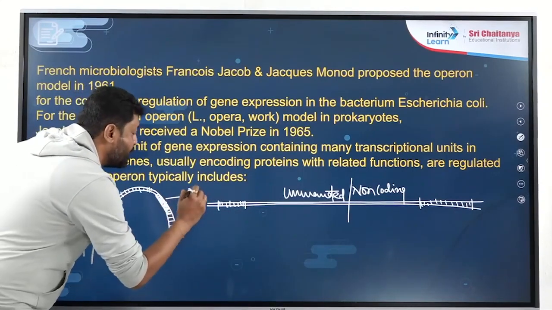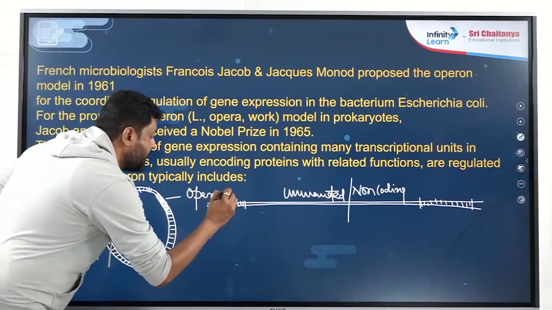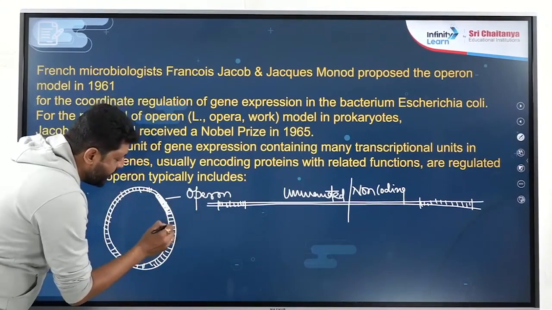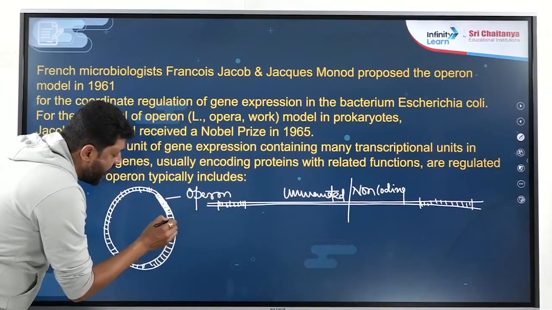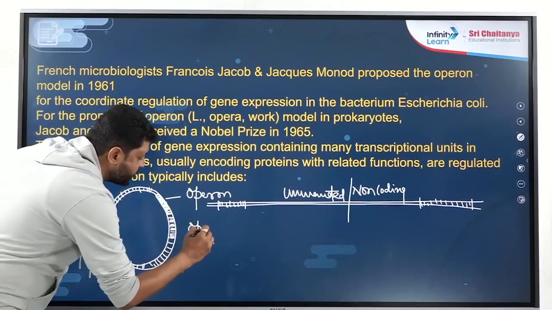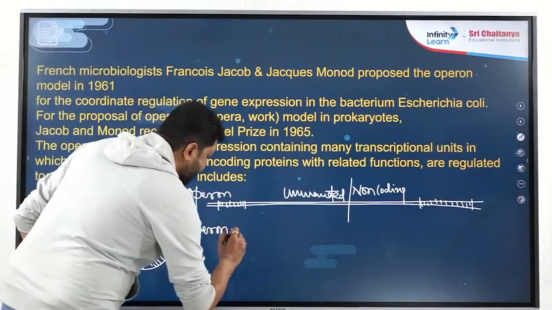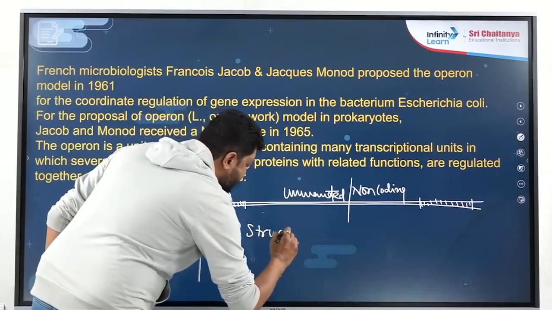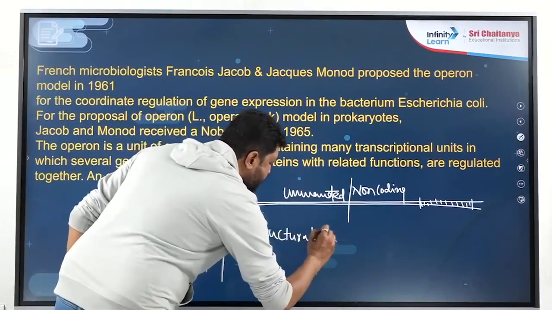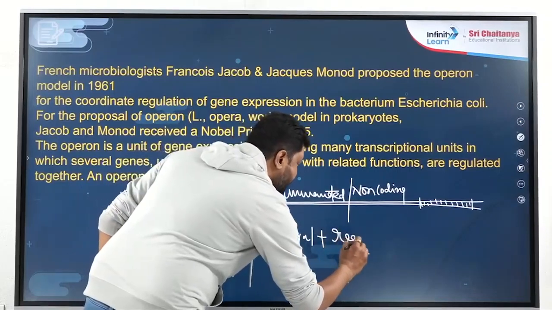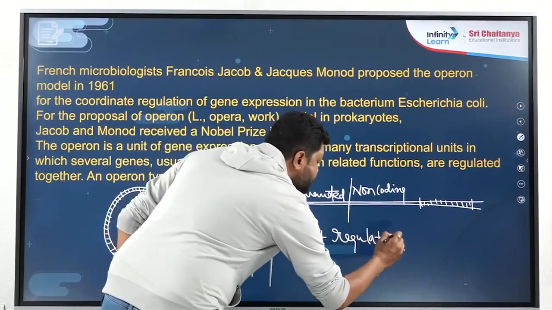This is called an operon. This is the lactose operon. This is the arabinose operon. So what does an operon mean? An operon equals structural genes plus regulatory genes.